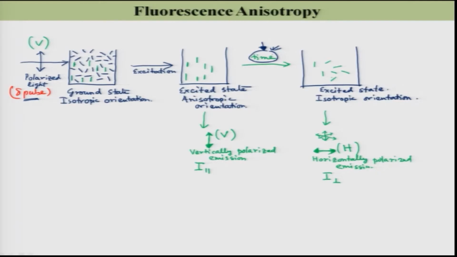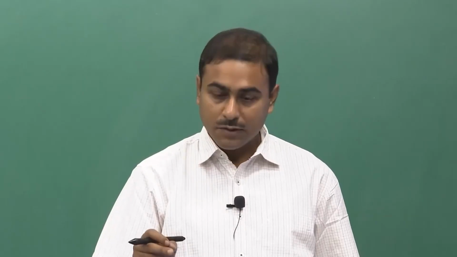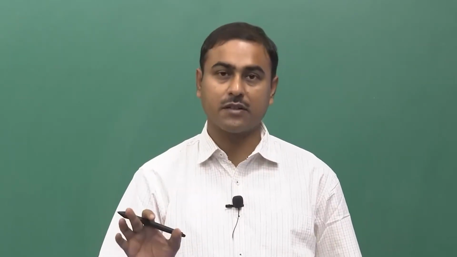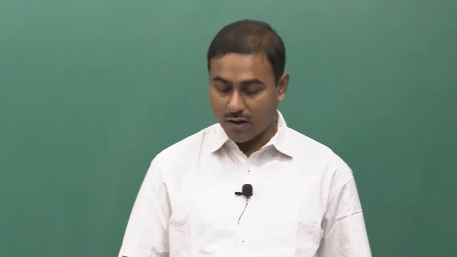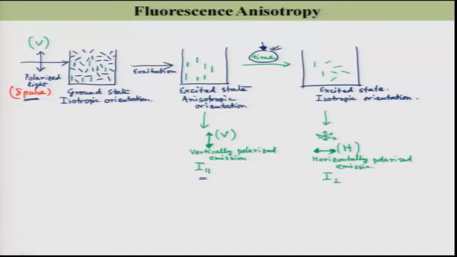So, all molecules will randomize, but the lifetime is 2 nanosecond. So, after 500 or 600 picosecond, the intensity of the parallel and the intensity of the perpendicular will be the same.